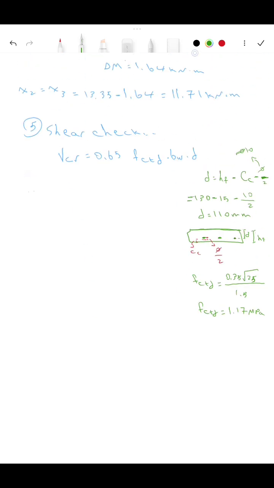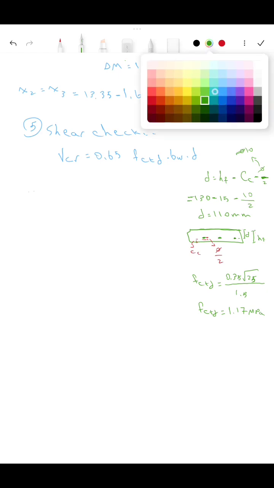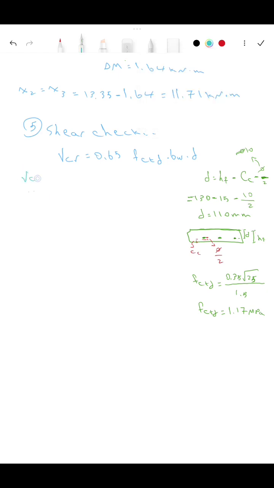So let's calculate the VCR. VCR equals 0.65 times 1.17, which we just got. BW is 1000 millimeter because we are designing for 1 meter. So BW is always 1000 millimeter, because when we design, we take only a layer of 1 meter, and we apply the design to the rest of the slab.